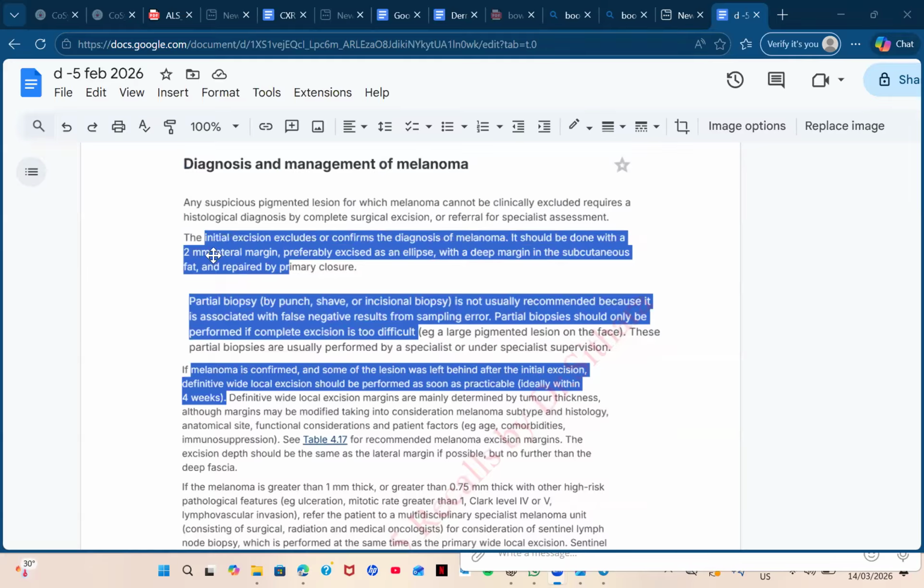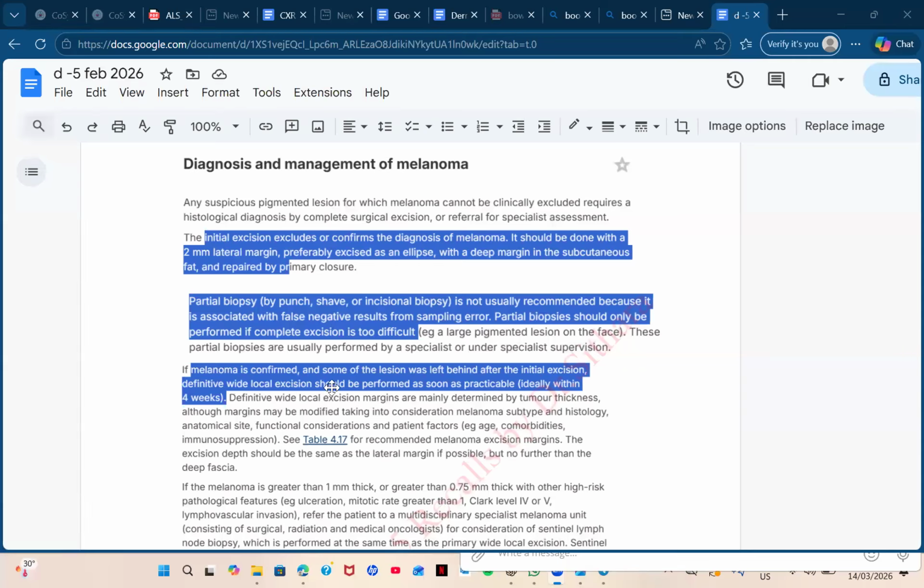The initial excision with 2 millimeter lateral margin is the investigation. Sometimes, if it is a very small one, we can remove everything with this initial excision, right? Be practical. But the goal of doing this initial excision with 2 millimeter lateral margin is to investigate whether this is a melanoma or not. We need to send the sample to the laboratory to get an idea about histopathology, right?